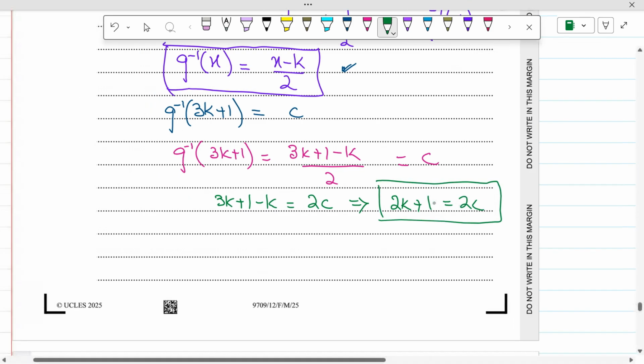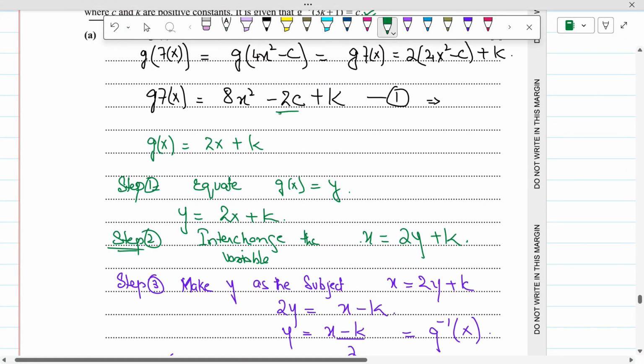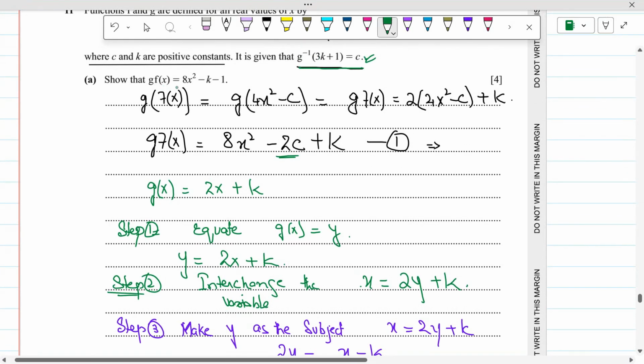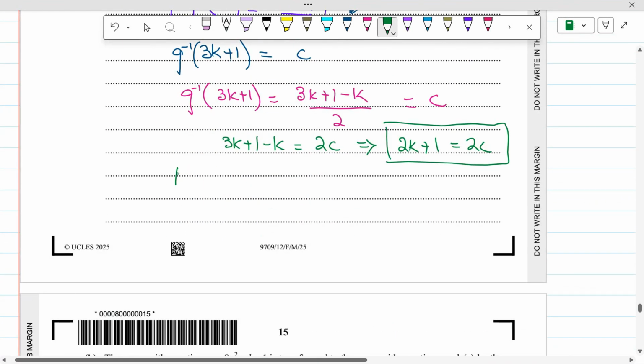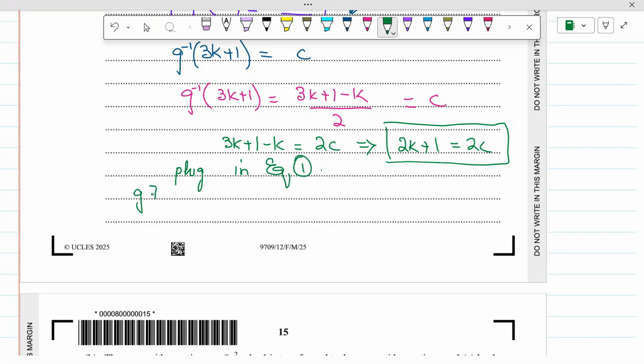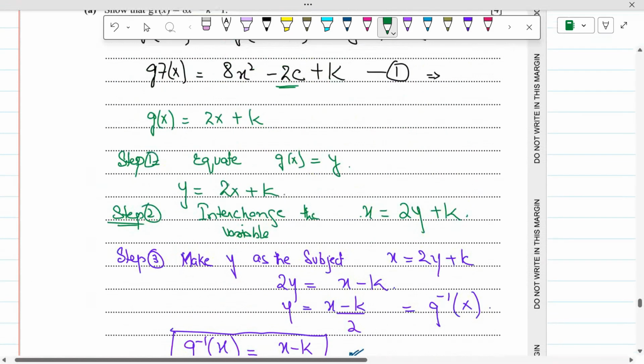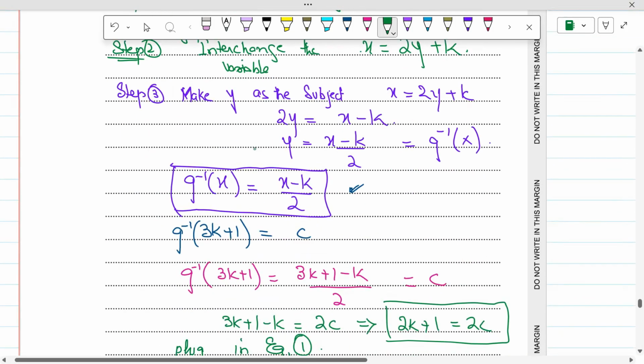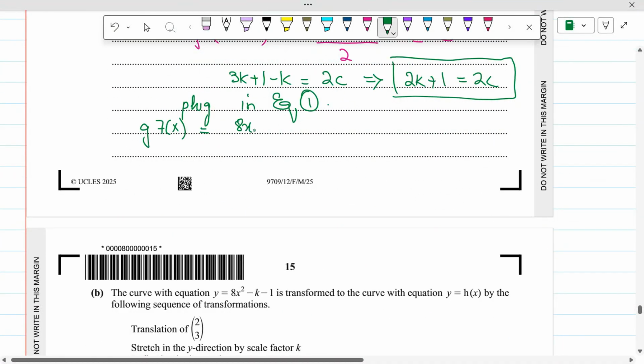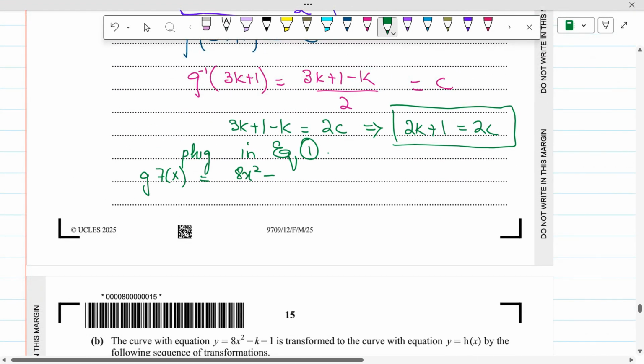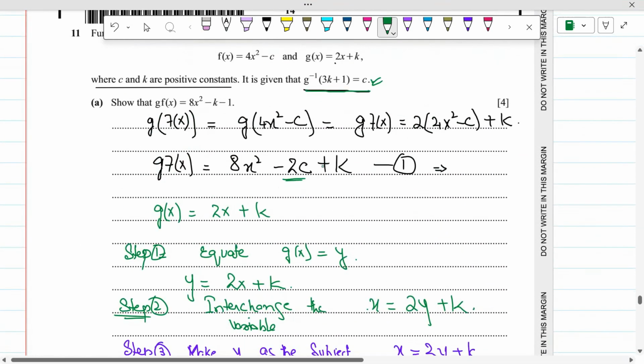Now plug this 2c into equation 1, so that we can find g of f of x. So we will have g of f of x is equal to 8x squared minus 2c, which is 2k plus 1, plus k.